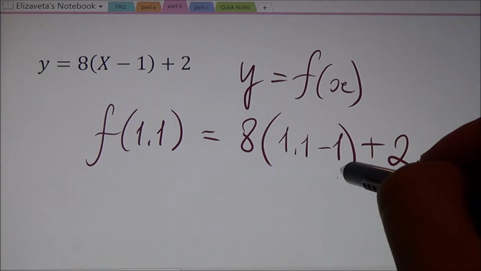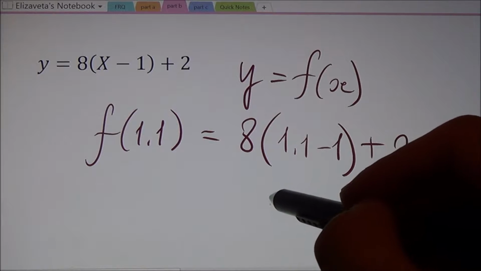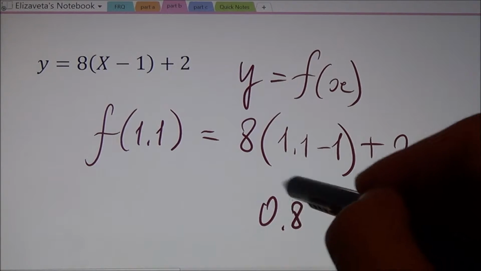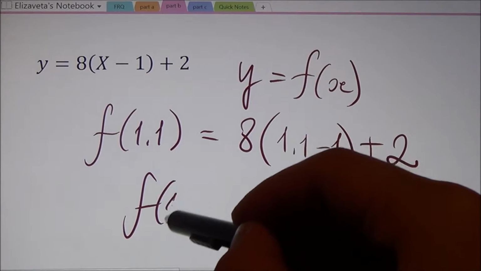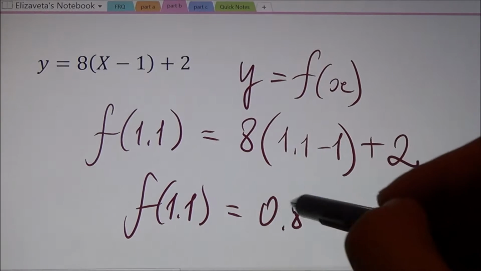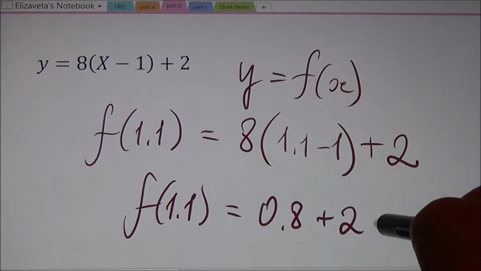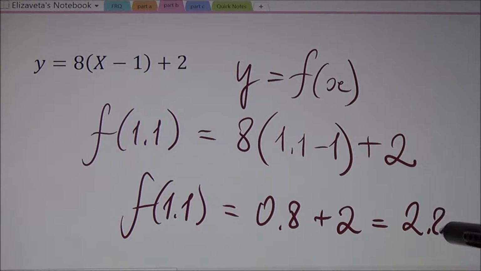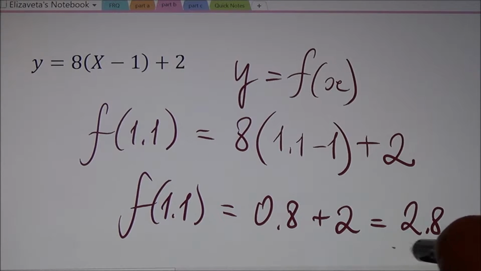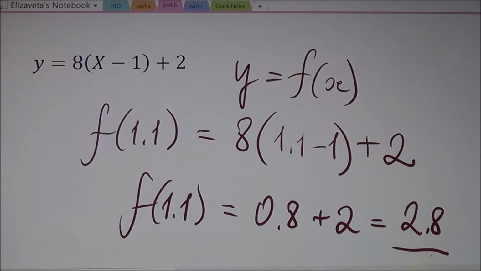So 1.1 minus 1 is 0.1, and times 8 is 0.8. So f(1.1) is approximately 0.8 plus 2, which is equal to 2.8. And that's our approximation for f(1.1).